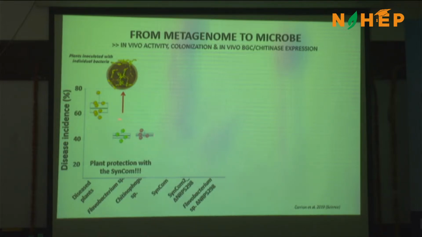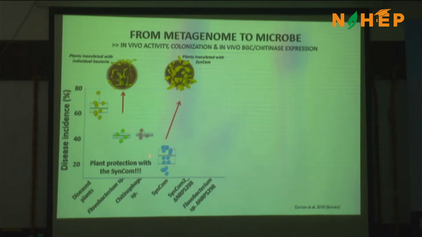So when we add the 2 bacteria that we selected, Flavobacterium and Chitinophaga, we see a reduction in the disease incidence, around 40%. I mean, it's okay, it's good, but still a lot of disease, right? But what happened when we add them together?